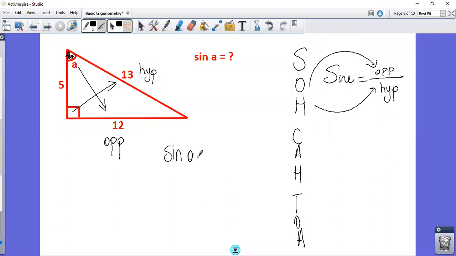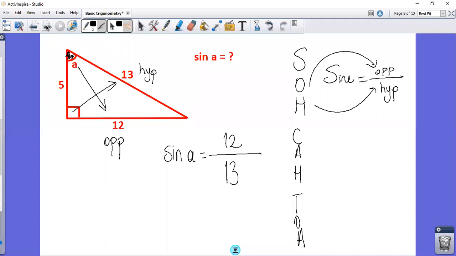The sine of A is the side opposite to angle A, which is 12, over the hypotenuse, which is 30. Okay, so this is 12 over 30.